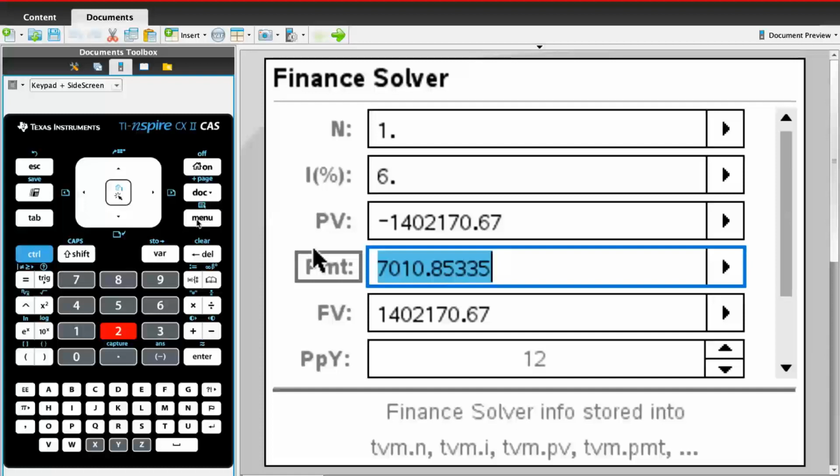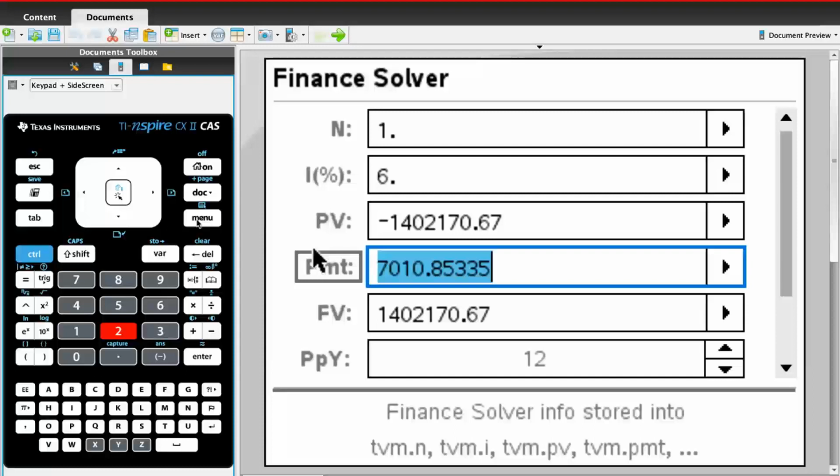So about $7,000 is how much he could afford to take out each month, or receive as a payment each month, and still keep the balance of the account the same. Which means that if he does die, it doesn't matter when he dies, there's still 1.4 million in the account, which he might decide that he wants to share with his beneficiaries that he's listed in his will.